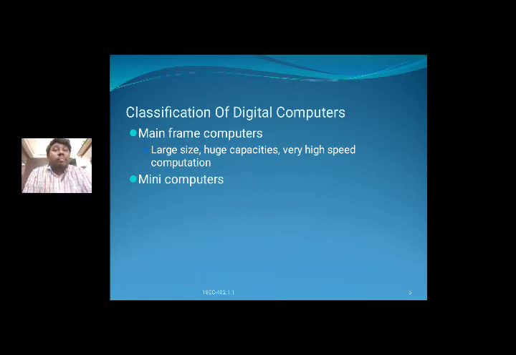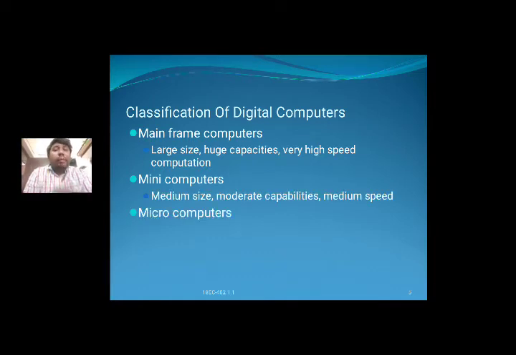The minicomputers are medium in size, with moderate capabilities and medium speed. The microcomputers are small in size, with small memory and low speed.